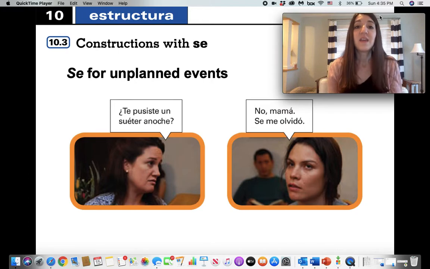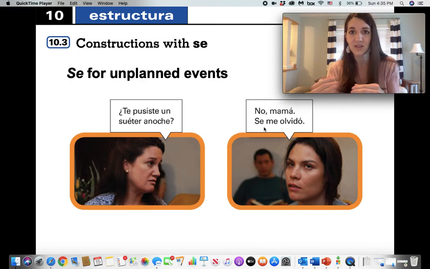Okay. In this slide, we are doing a different structure with se. For example, if you see this, she's saying, "Did you put on a sweater last night?" And she says, "No, Mom, I forgot." Well, if we were conjugating the way you all had learned how, olvidar would be olvidé, right?